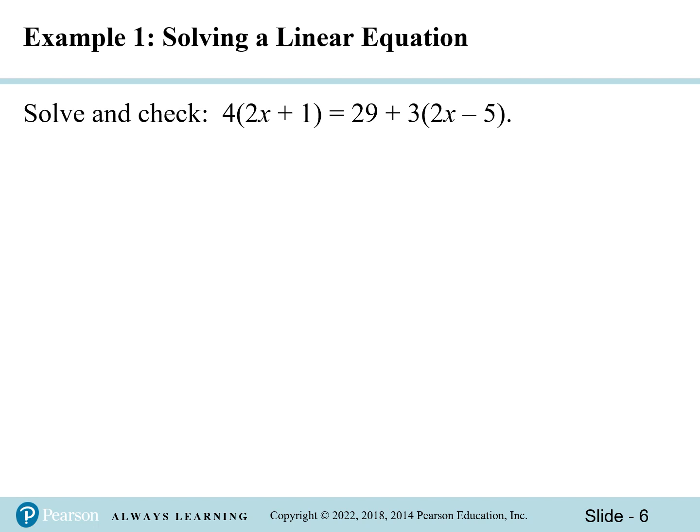So example 1, solving a linear equation. Solve and check. We have 4 times the quantity 2x plus 1 equals 29 plus 3 times the quantity 2x minus 5. The very first thing I'm going to do with this equation is distribute. So we're going to distribute the 4 to the 2x and the 4 to the 1, and then on the other side, the 3 to the 2x and the 3 to the 5.